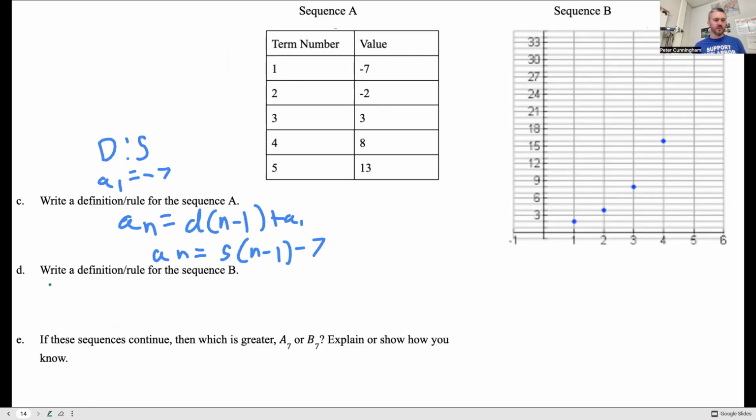Sequence B. Again, for B, we found the ratio, the rate. We found the ratio was 2. The first term is also 2. Okay.